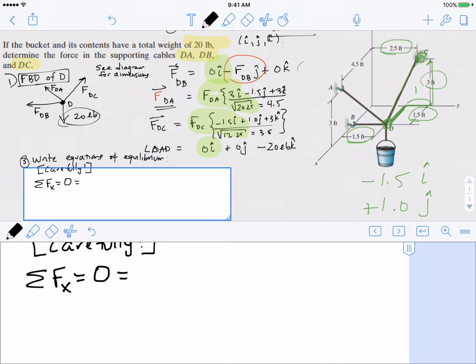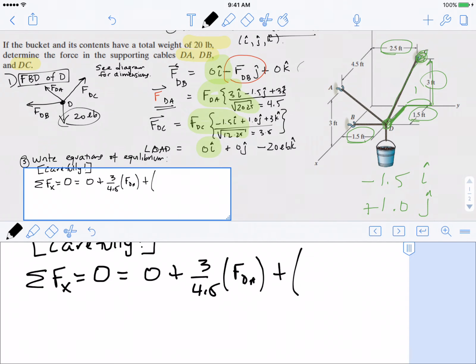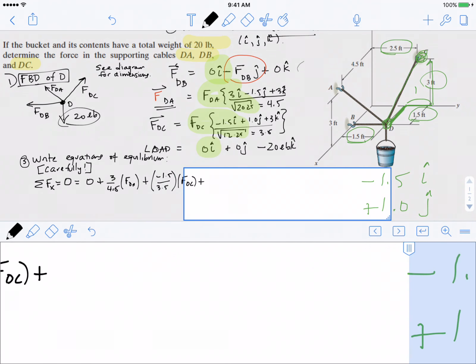And I have no contribution from FDB. I have a 3 over 4.5 contribution of FDA. I have a negative 1.5 over 3.5 contribution from FDC. And I have nothing coming from the load.